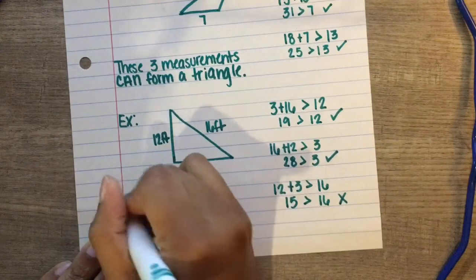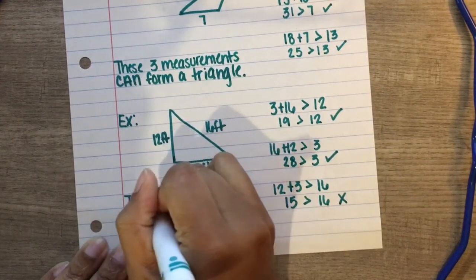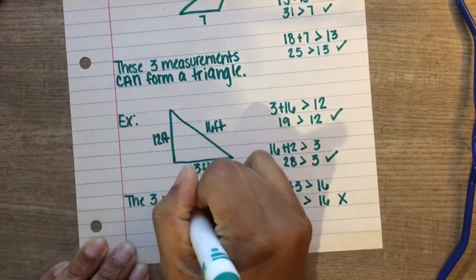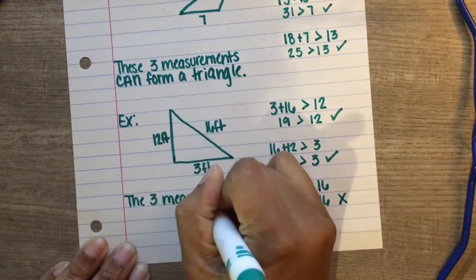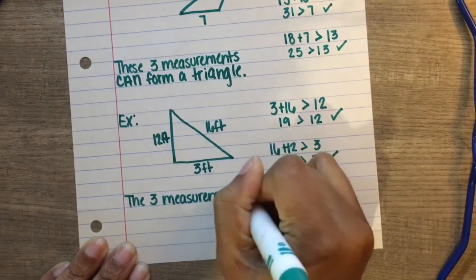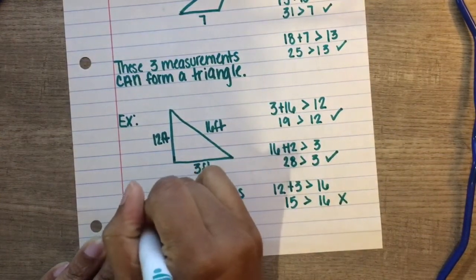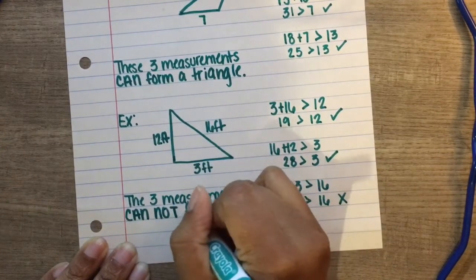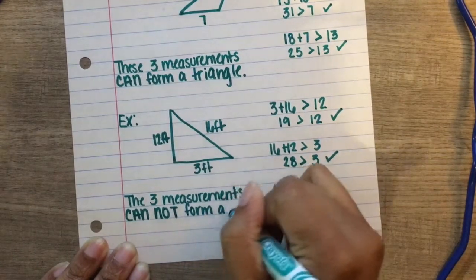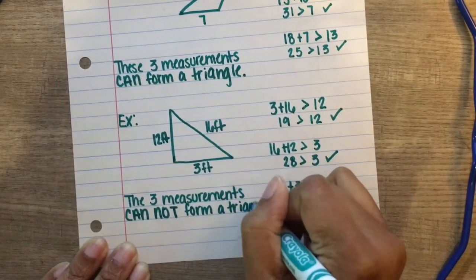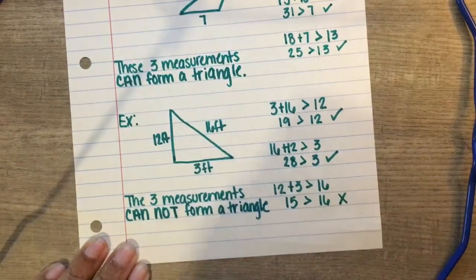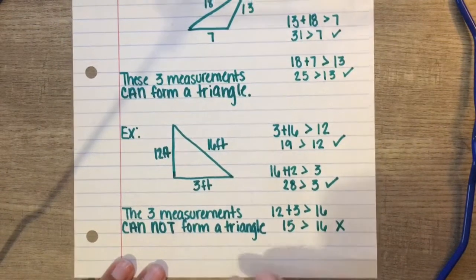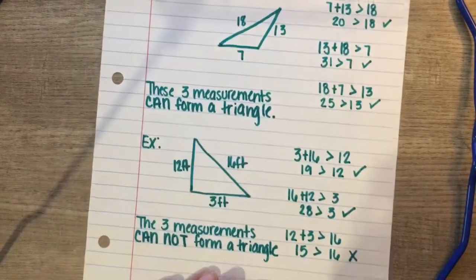Okay, so these 3 measurements cannot form a triangle. All right. So now you have an example of one that does and then one that doesn't.